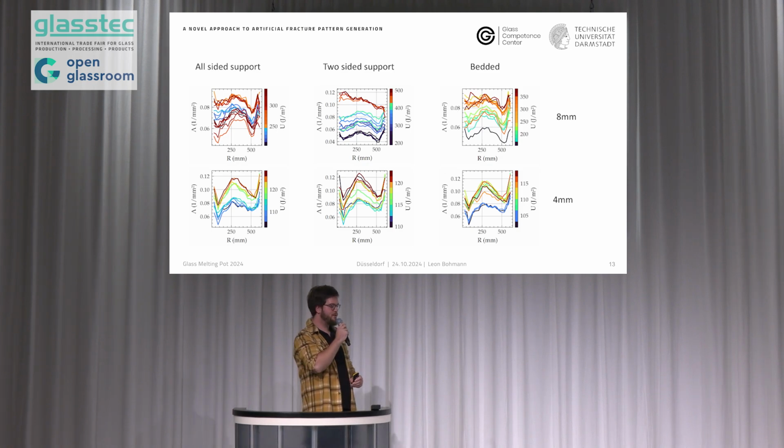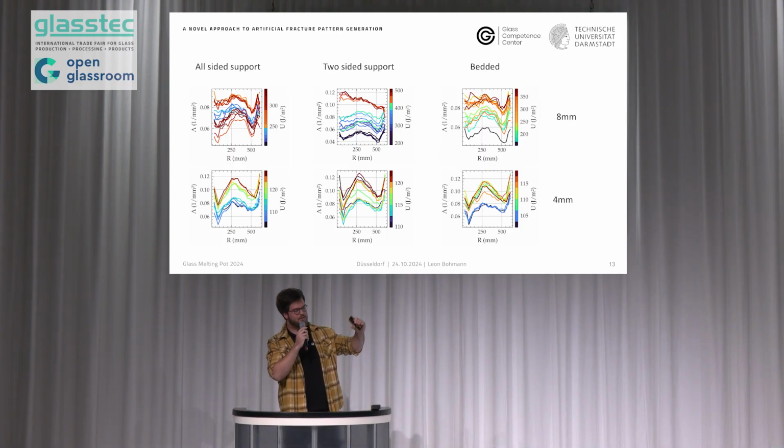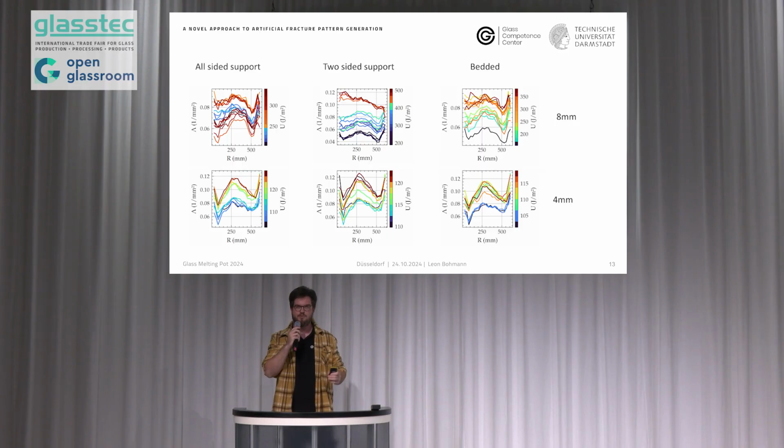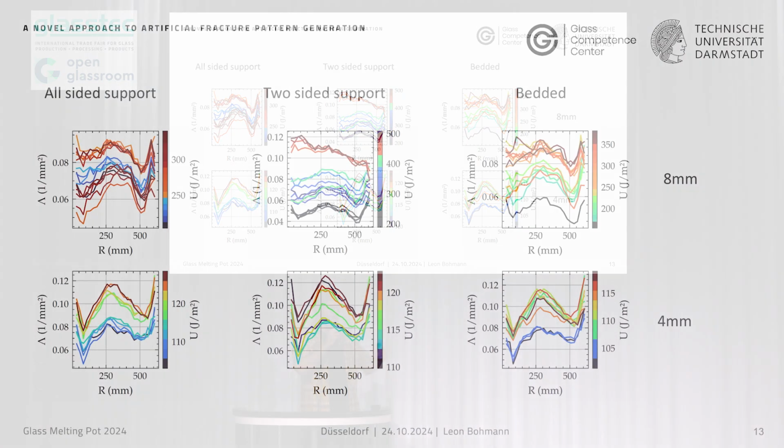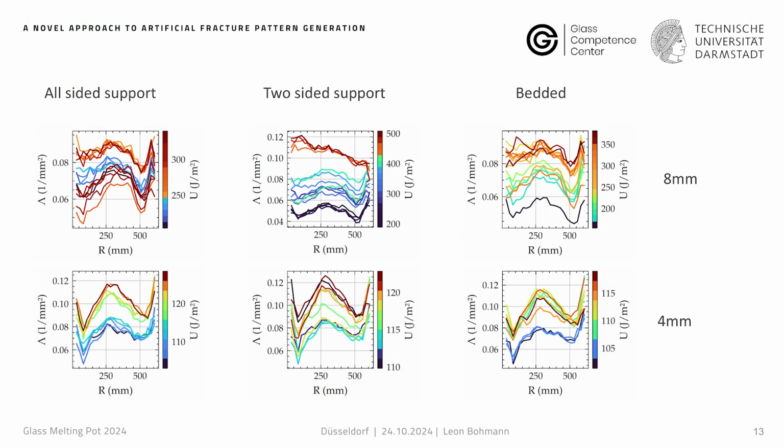You can easily see that, for example, in the middle, with the two-sided support boundary condition, with increasing strain energy that comes from the stress gradient from pre-stressing, we get less and less deviance with regard to the distance to the impact position. Now, so far so good.